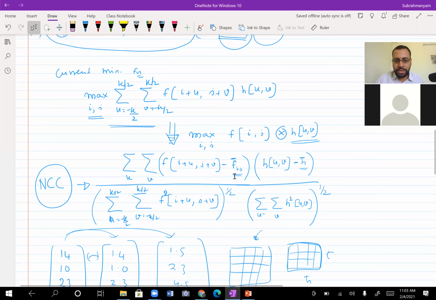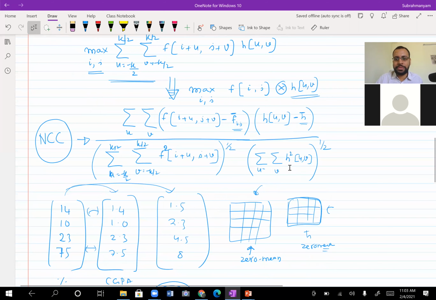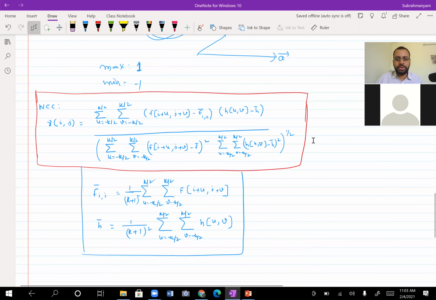You subtract f bar of ij and then take the square of it. Similarly here, you subtract from h of uv the average h bar and then take the square, sum them all up, and then take the square root. That's the correction. Okay. Is everybody fine with it?